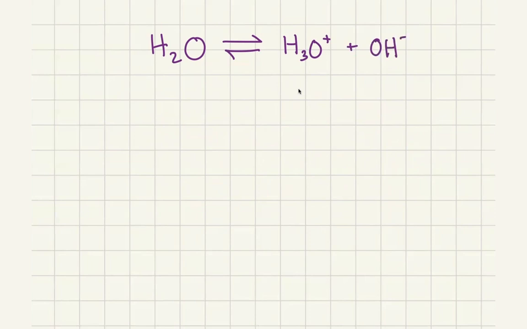And remember that when we talk about water, we typically think about water as being a constant because its concentration is so high. In fact, we have very, very little of protons or hydroxide present in normal water. And even when we add an acid, it's still going to be very small quantities compared to the amount of water that we have.